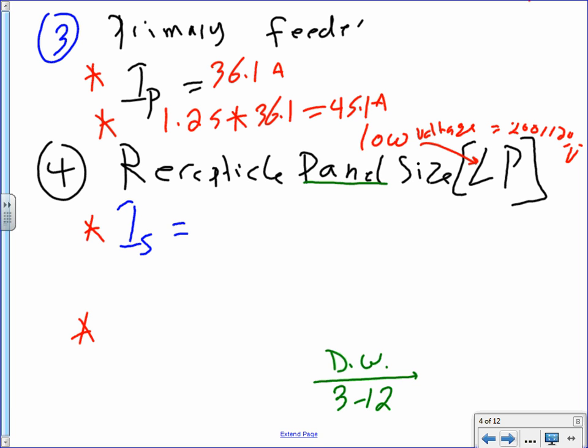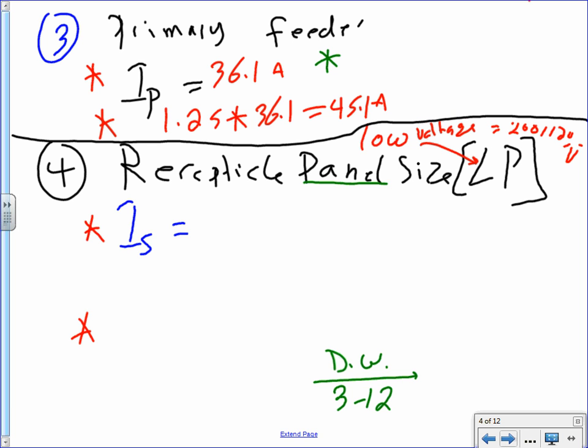You take the primary current, multiply by 1.25, and get 45.1 amps.